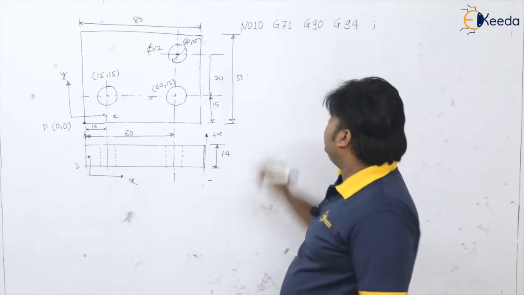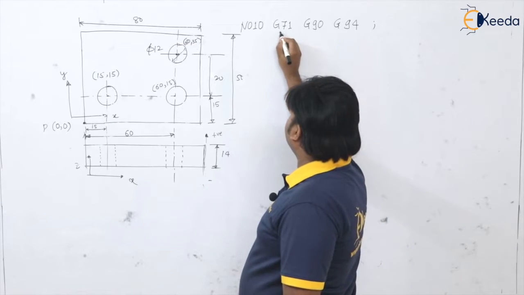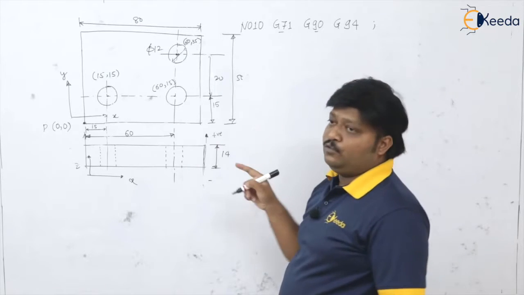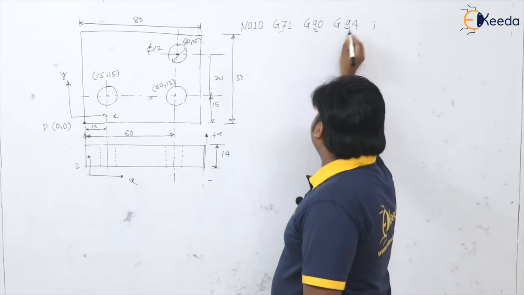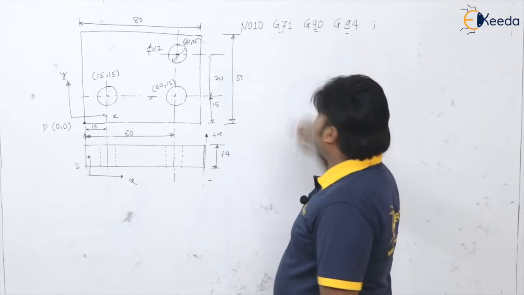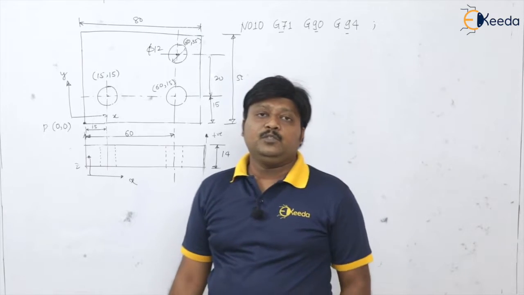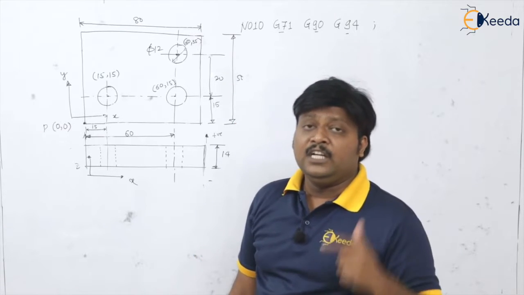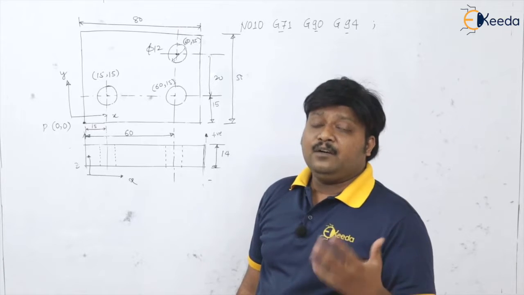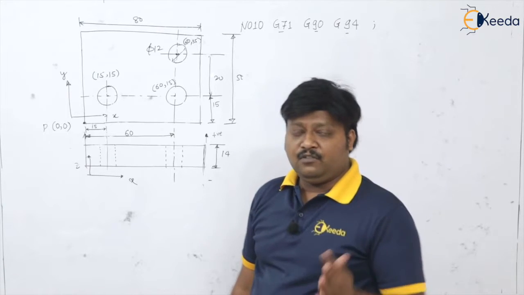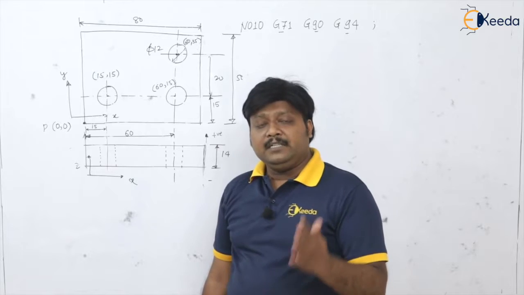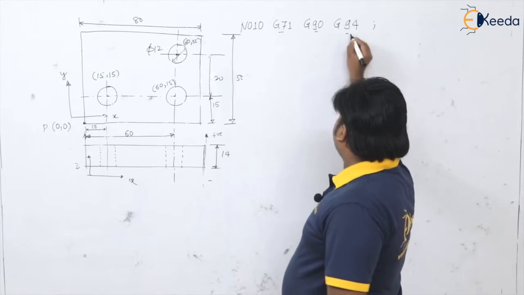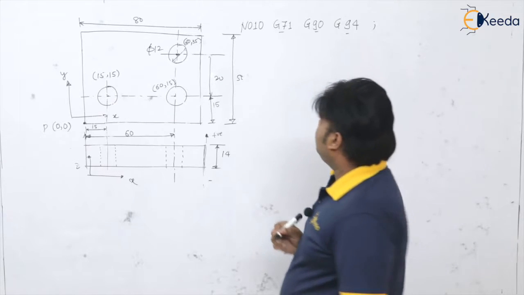What I have written here: G71 is programming in metric millimeter, G90 is the absolute mode for the dimensions, and G94 means the feed we are going to use is in millimeter per minute. For drilling and milling operations it is G94; for turning operation it is G98 or G99, for feed in millimeter per minute or feed per revolution. So here we have taken the feed in mm per minute.